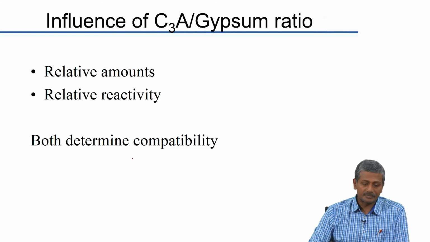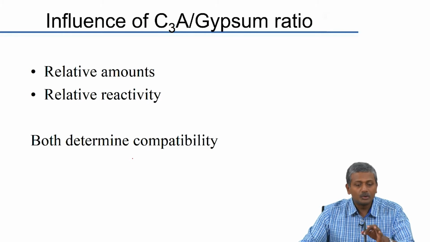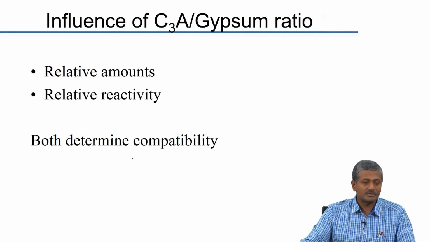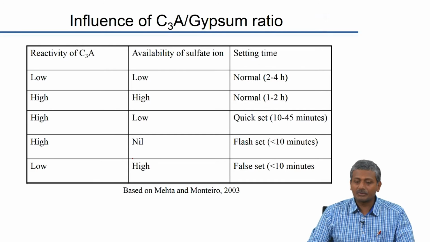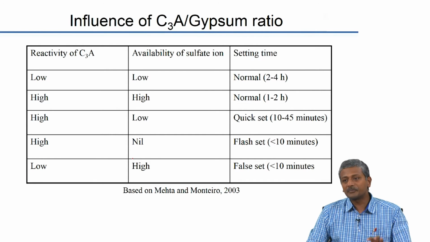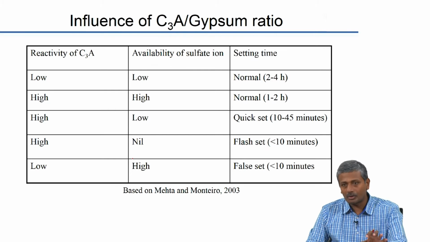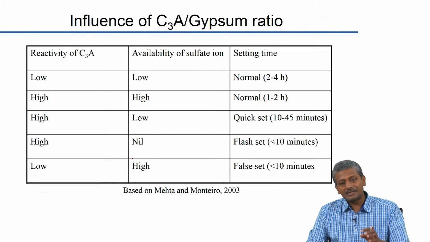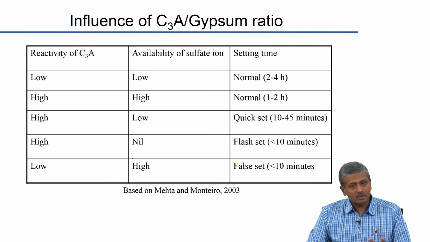So, let us look at what happens when you have different types of C3A and gypsum in the system. This is present in your textbook, you can read it in more detail. What I am presenting here is the same scenario which happens in normal concrete without any superplasticizer. Let us see how that is affected when a superplasticizer is added.